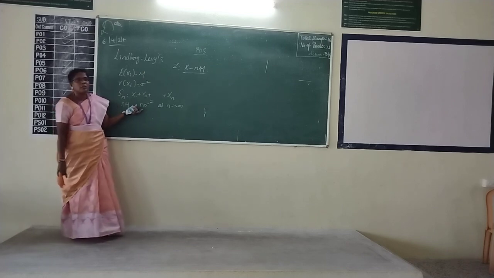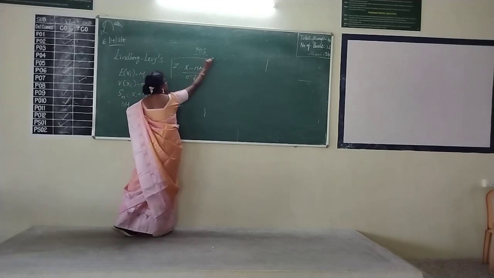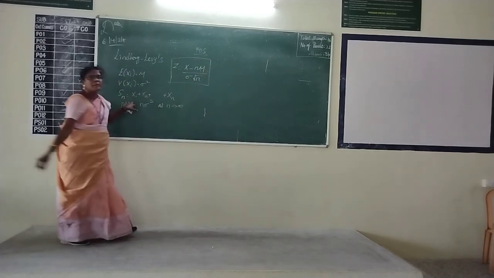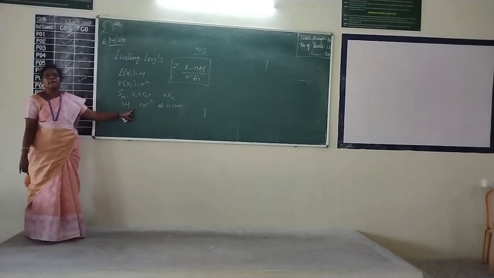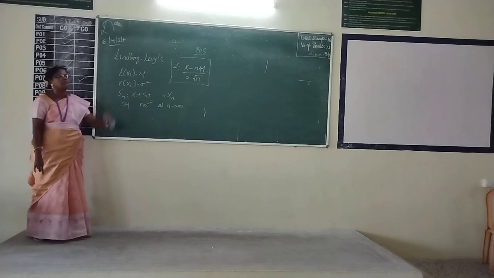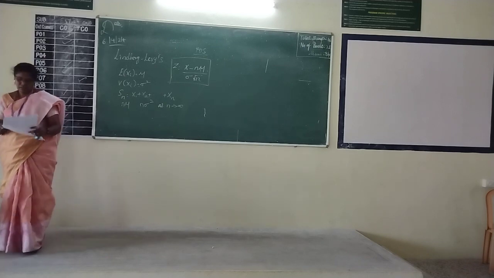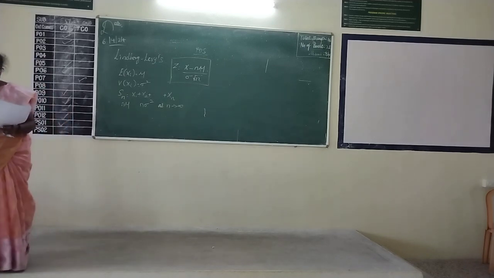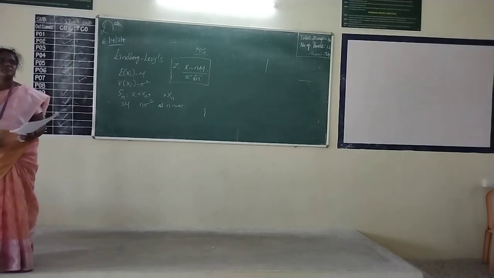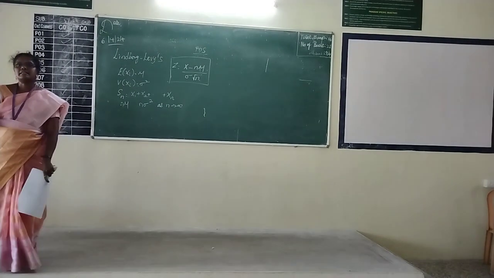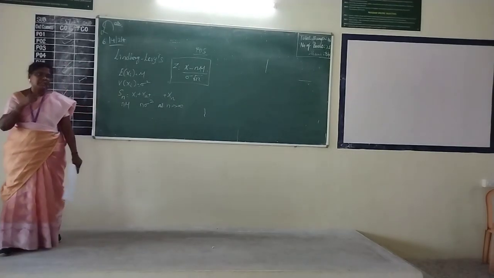Taking the square root, you will get sigma into root n. This is the exact formula you make use of when you solve. Here it is identically distributed, so everything is going to have the same mean and the variance.